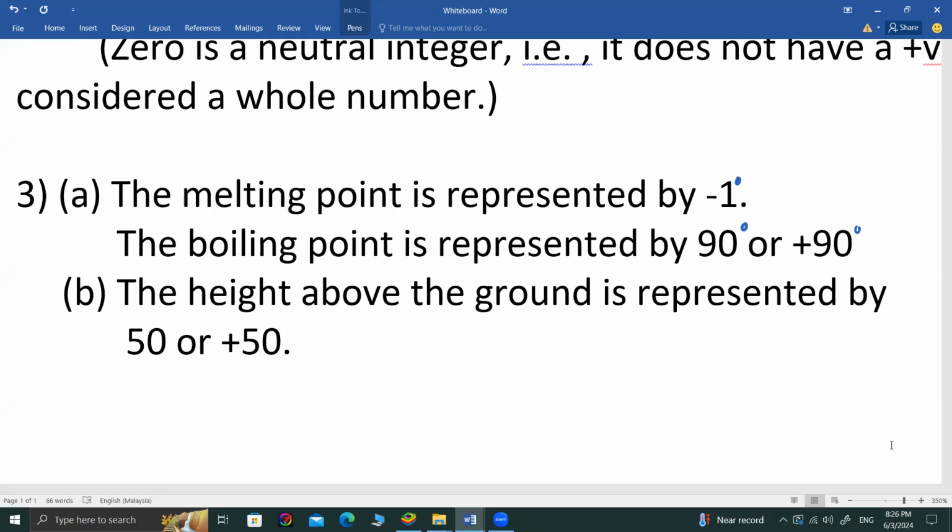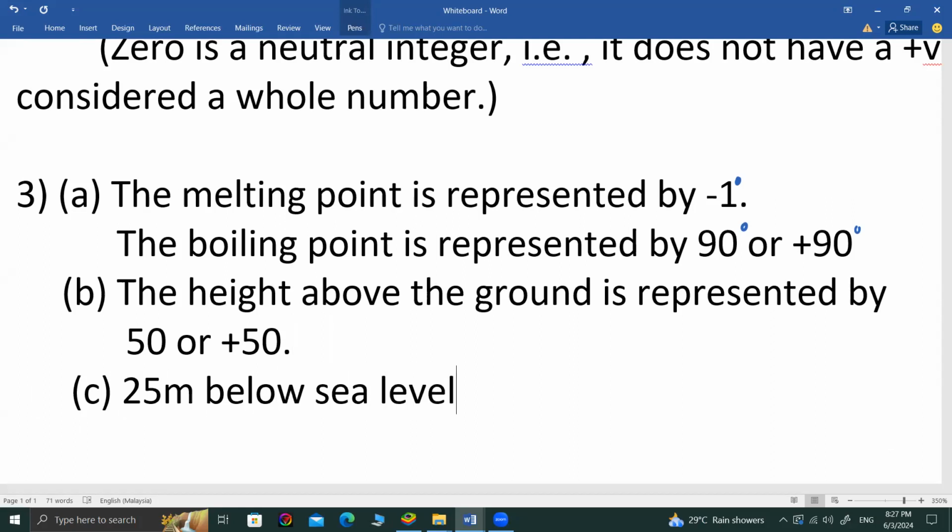So you write down 25, sorry, just give the explanation. 25 meters below sea level is represented by -25.